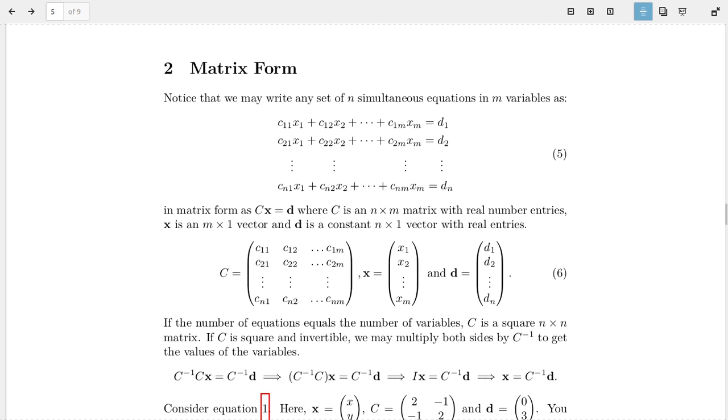So I can multiply Cx. And when I multiply Cx, I'm going to get a vector that is n rows and 1 column, which is my D. So I can represent this entire set of simultaneous equations in this compact matrix form.